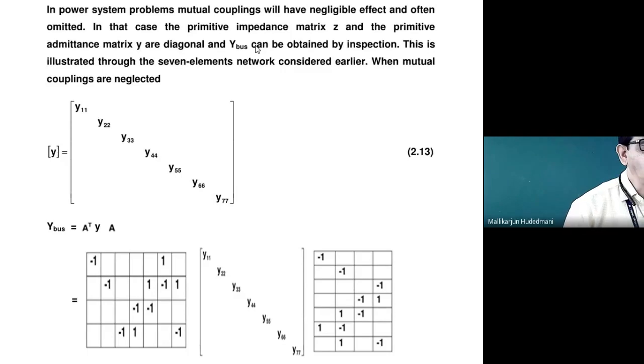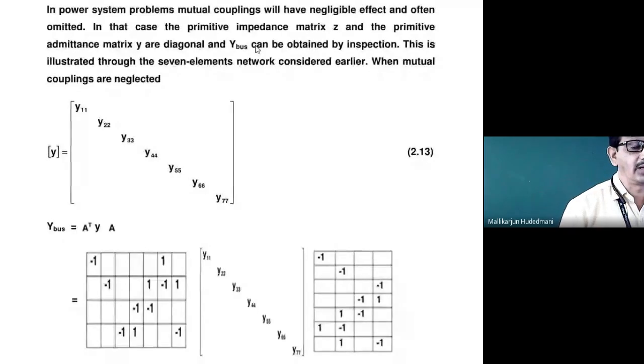Y primitive is 7 cross 7 and the A matrix at the extreme right is 7 cross 4. I can multiply: first row, first column; second row, second column; third row, third column.